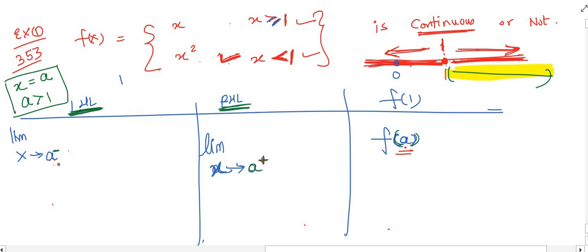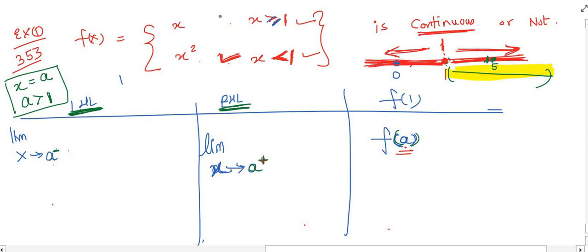So let's do LHL. I need to put a more than 1 and a minus. Suppose a is any number more than 1, say it is 5. So 5 minus, it will still be more than 1, right? Any number which is more than 1, if I take a little bit less than 5, it will still be more than 1. I hope you understood. For limit, we stay very close to 5, a little bit less than 5, which is still more than 1.